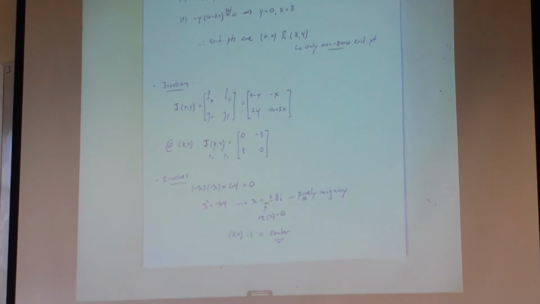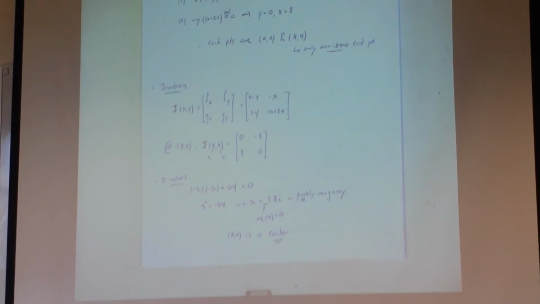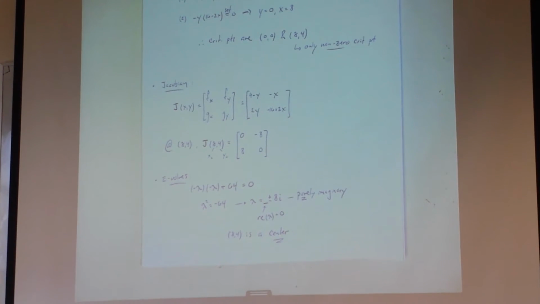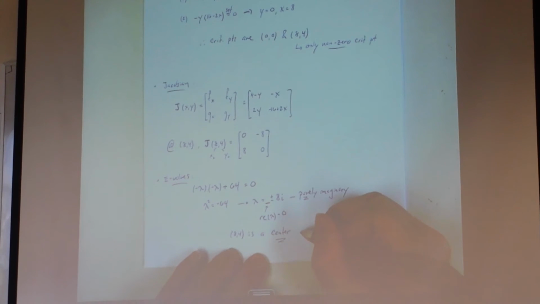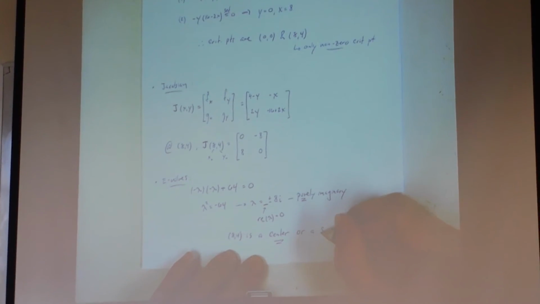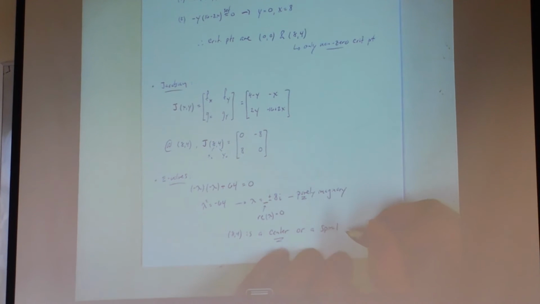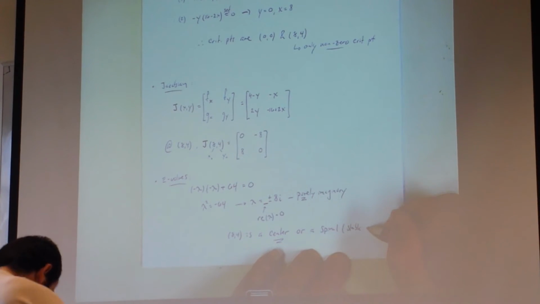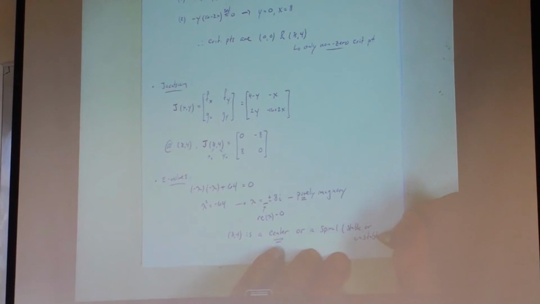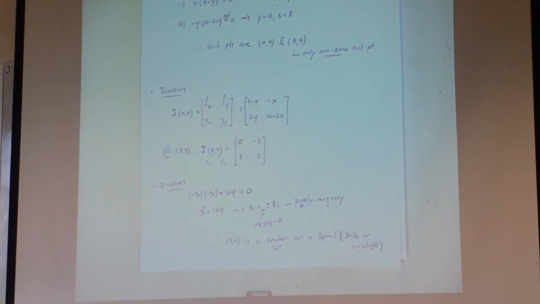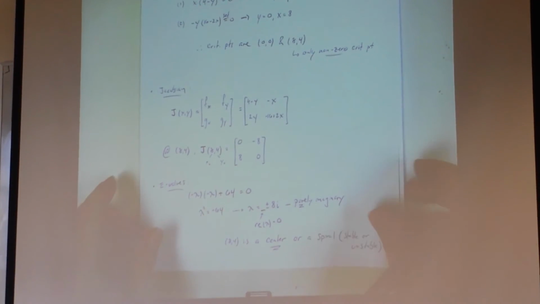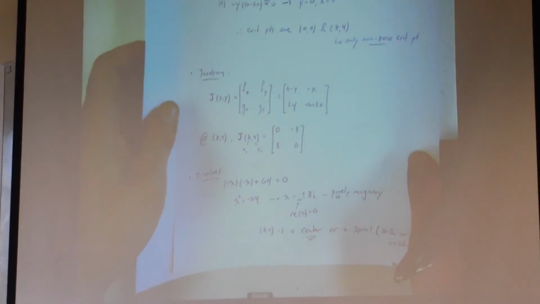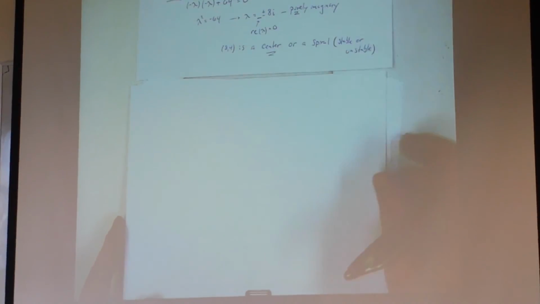But any small error from that linearization could cause a non-zero real part, and that would turn it into either an unstable spiral or a stable spiral, depending on the sign. So it's a center or a spiral. And stable or unstable, can't tell yet. So how are we going to determine which one it is? Well, it needs a little further investigation. But the good thing is we're going to investigate it graphically.